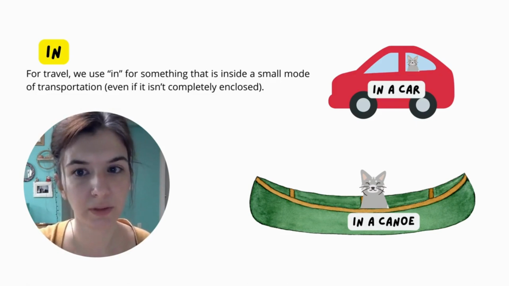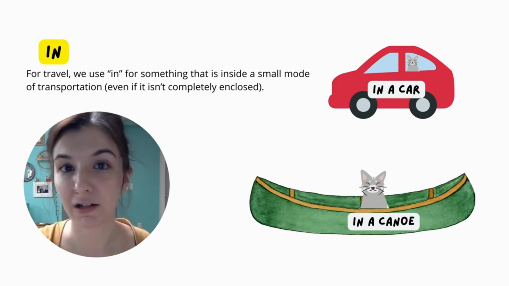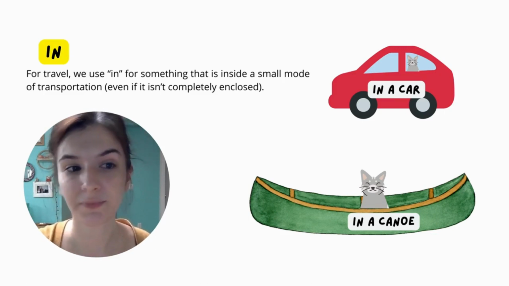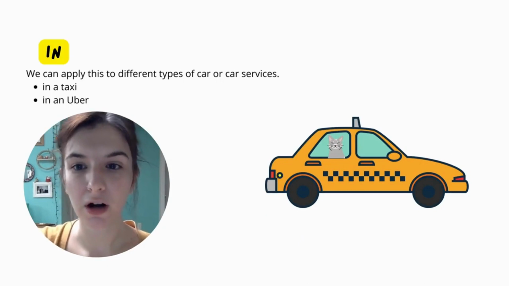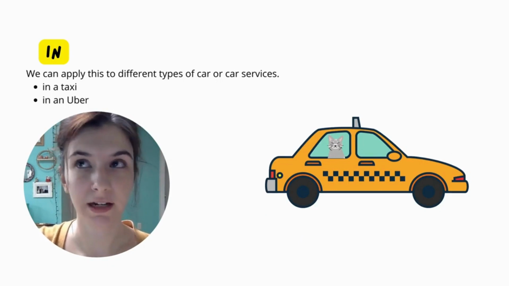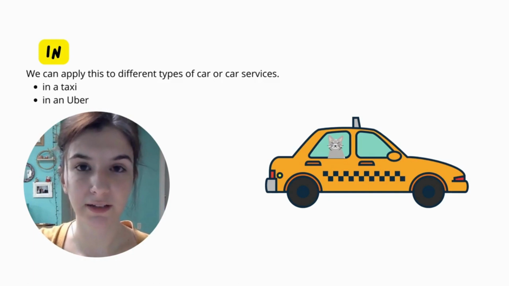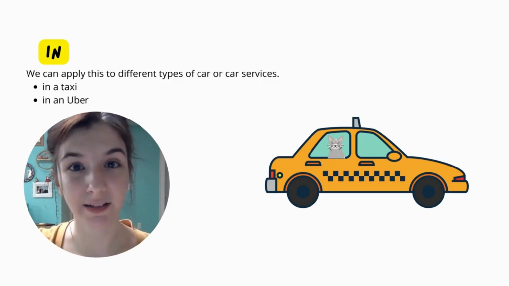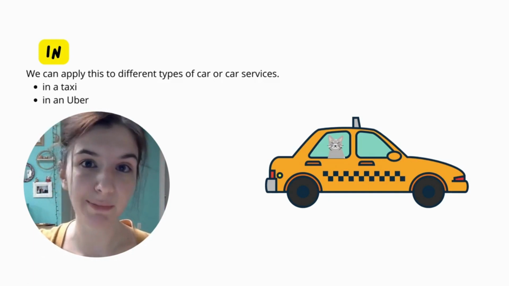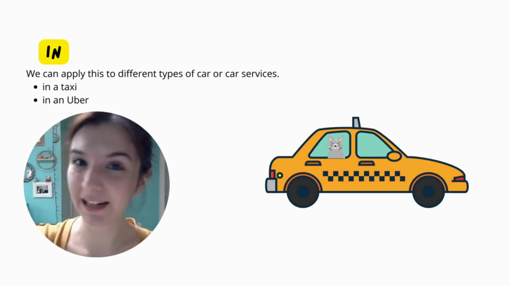So for example, you are in a car, or you could be in a canoe, for instance. Since in works for cars, it can also be applied to different types of cars. So you can say in a truck, in a minivan, in an SUV. And it also works for things like taxis. I'm in a taxi. Or you can even say I'm in an Uber.